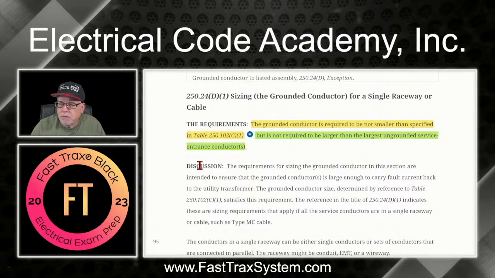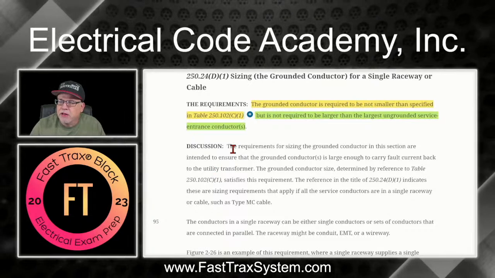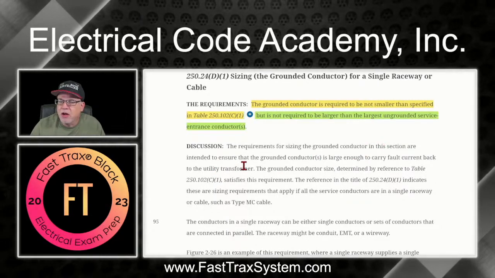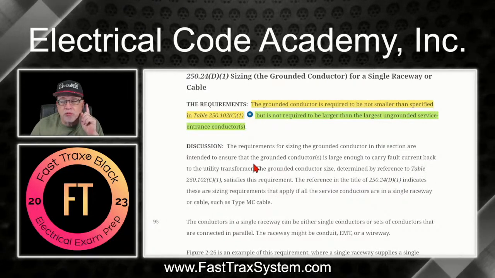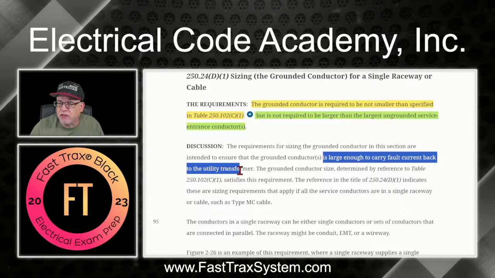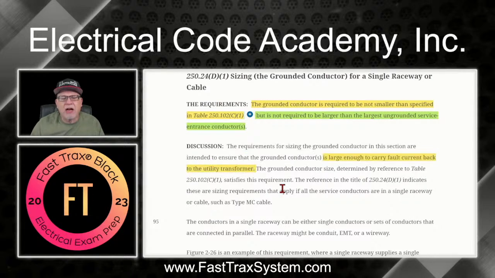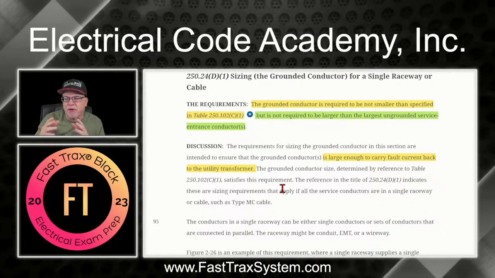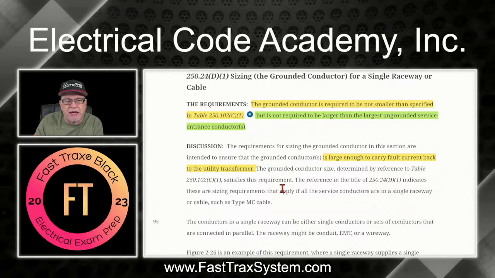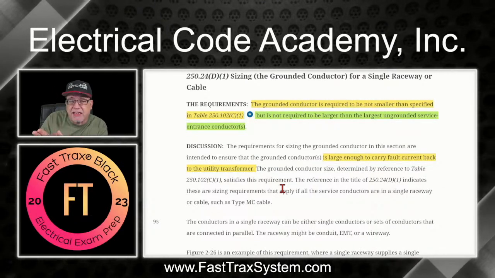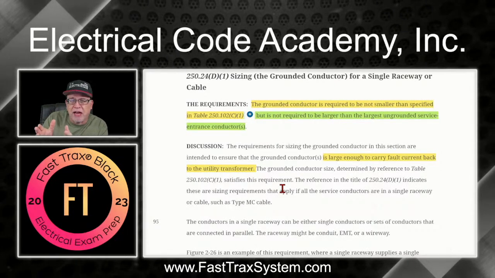Now, discussion. The requirements for sizing the grounded conductor in this section are intended to ensure that the grounded conductor is large enough to carry fault current back to the utility transformer. I hate to harp on this, but even though we're sizing from the service out, that's equipment grounded conductors, we're sizing it based on the overcurrent protective device for those equipment grounded conductors because of the ground fault.